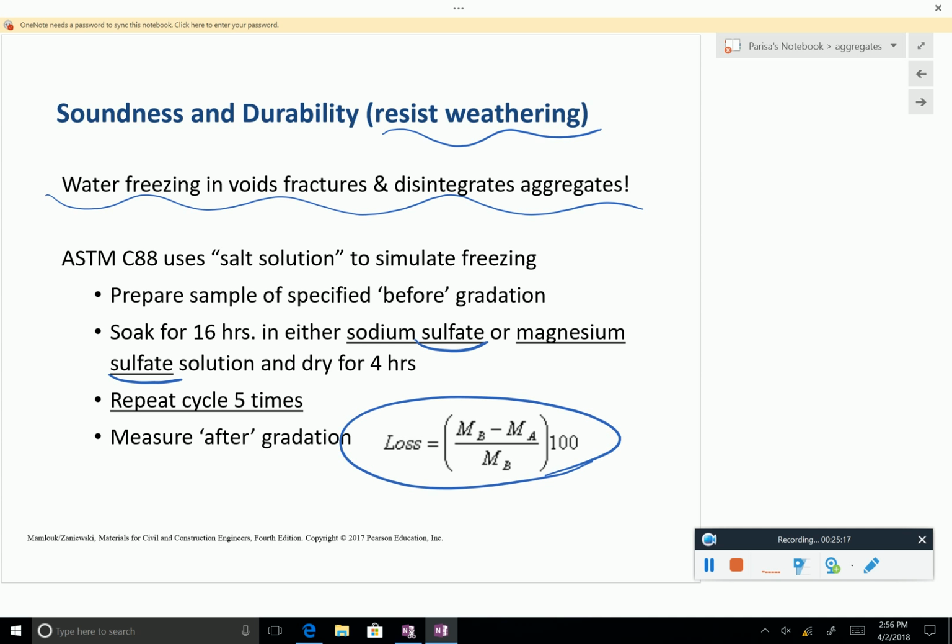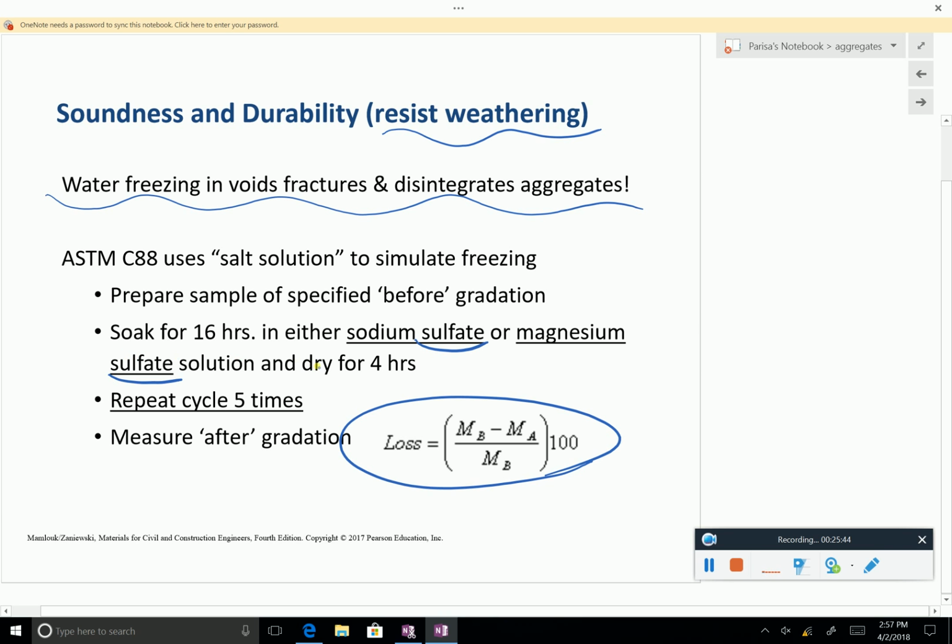So when you have cycles like that, you are going to have a lot of damage in, let's say, concrete, which is exposed to this kind of weather. Water goes in, it freezes up, it crashes, and you go through these cycles throughout winter. So to simulate that, you don't want to wait for the whole winter to see what is going on. So you have an accelerated test.